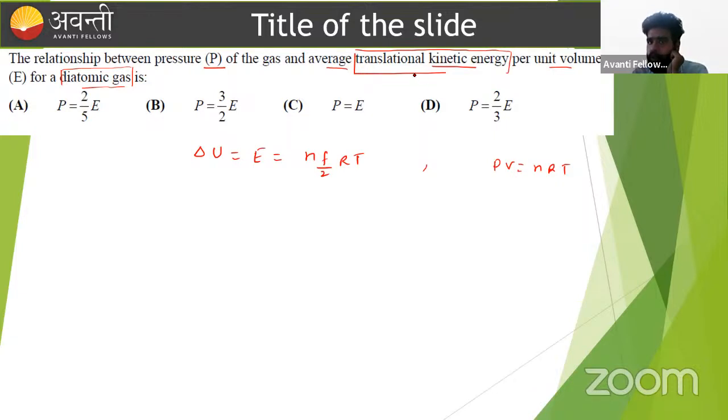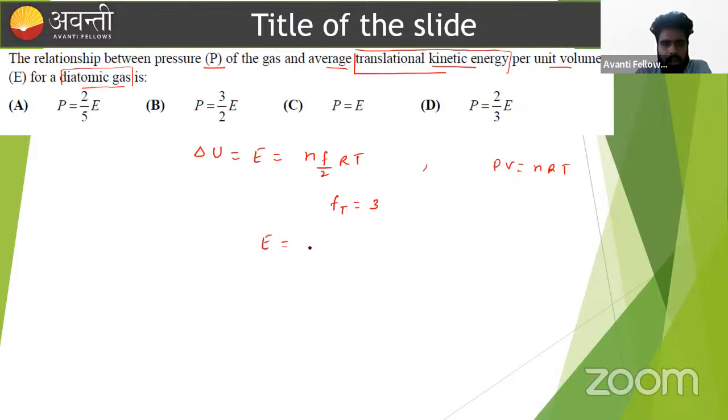It is asked only for the translational kinetic energy, so the degree of freedom due to translational motion equals 3, and we only consider 3 degrees of freedom because the problem mentions the energy E due to only translational kinetic energy.